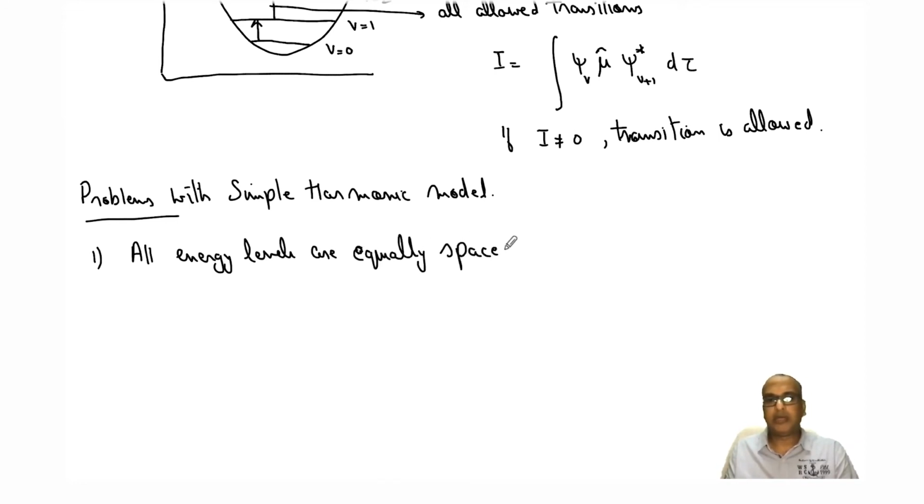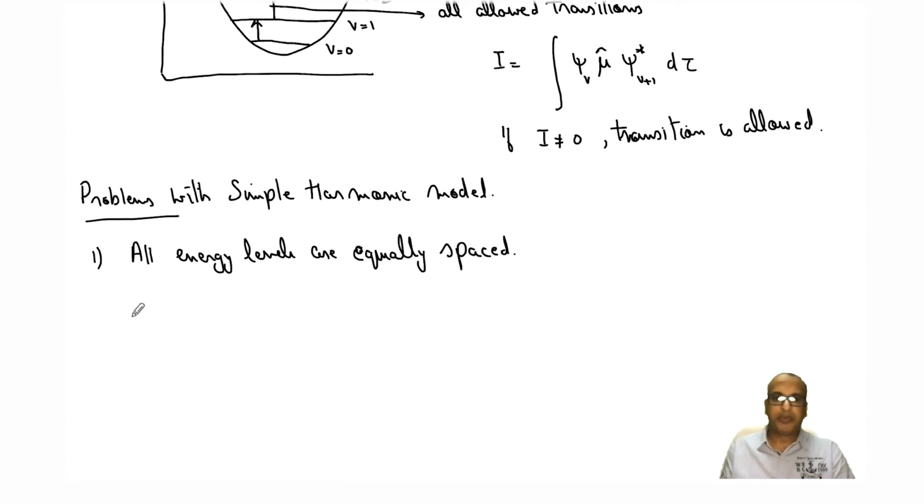That means all the spectral lines will come at the exact same position in frequency, right? But you do not see that. You do see multiple lines. Of course, it will all depend on the population distribution, which line will be more intense, where the population difference will be maximum, and so on. But they do appear at different frequencies. So the simple harmonic model does not explain the multiple lines in the vibrational spectrum, because it predicts that all the lines should have equal energy and hence would come at the same frequency number. So all energy levels are equally spaced. That is a problem.